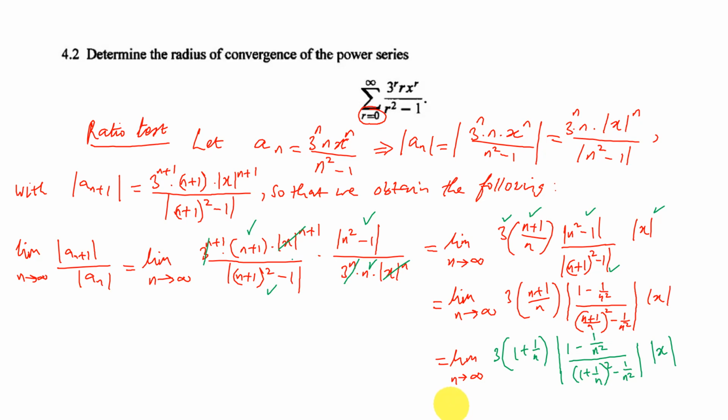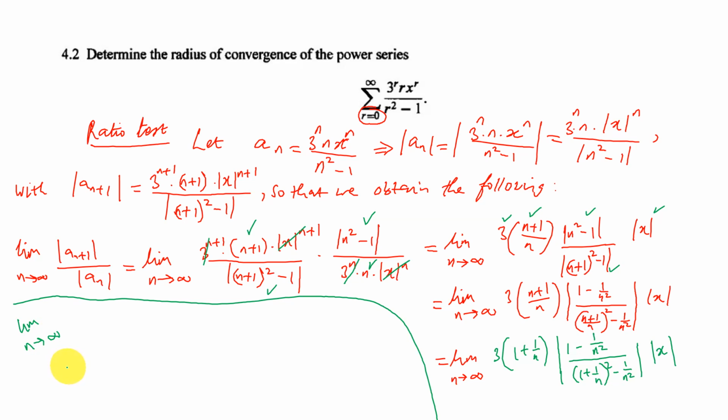We can divide the whiteboard like this and come all the way here. At this point, we write the limit as n approaches infinity. What is the limit of all these?